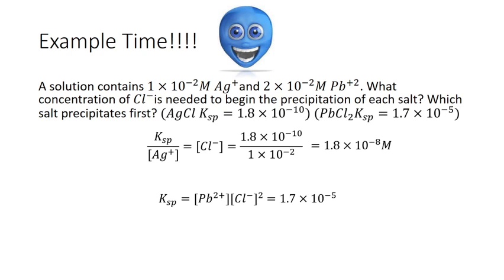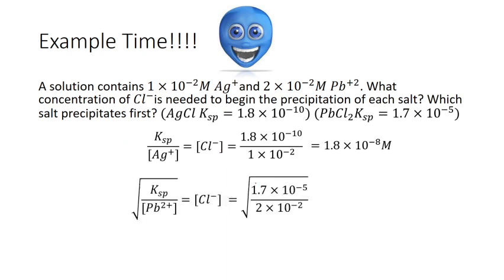So then we look at our lead situation. Again, our KSP is equal to our 2 ions, but in this case, if you notice, PbCl2, which means we're going to get 2 chloride ions for every 1 lead, which we're going to have to take into consideration when we go to calculate the concentration of chloride. So when we rearrange this, we're going to need the square root of KSP over [Pb2+] to get rid of that exponent 2.